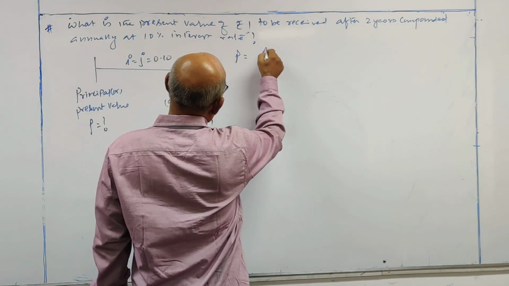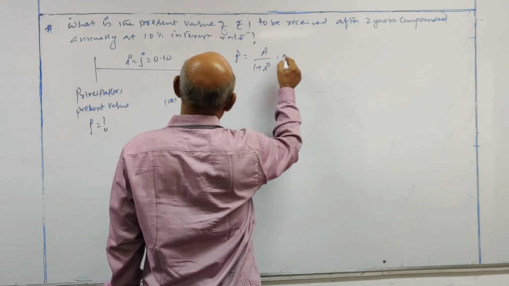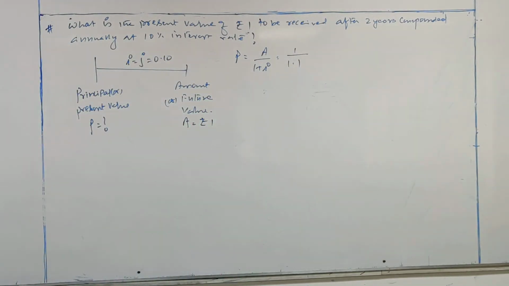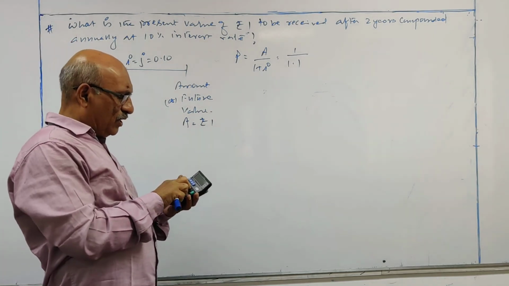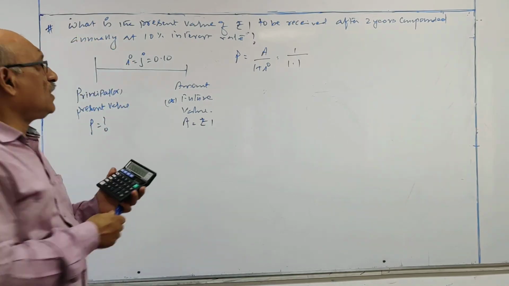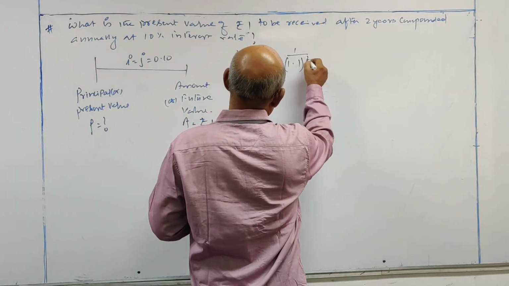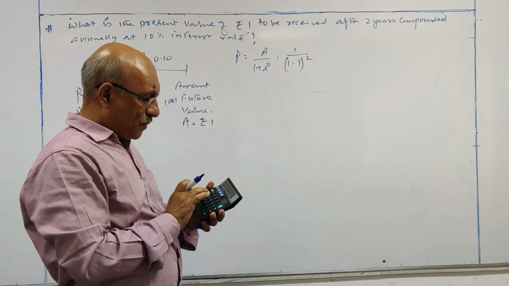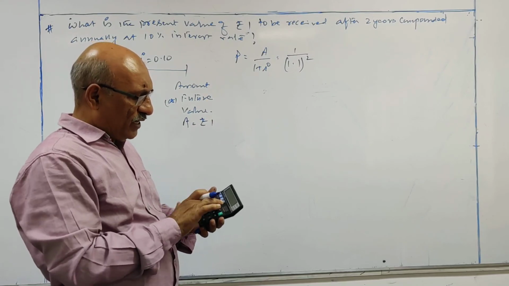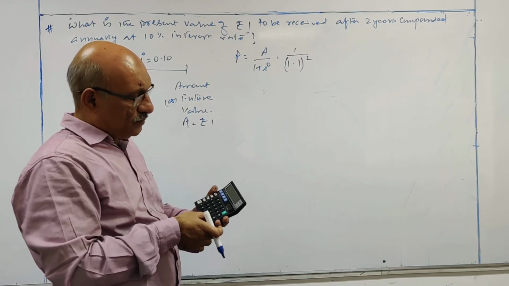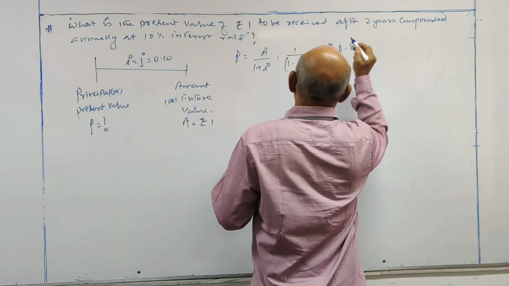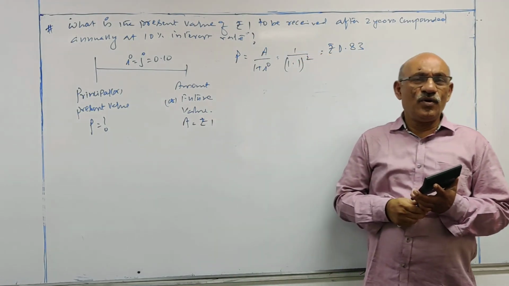So, present value is equal to amount divided by 1 plus I whole to the power of 2. 1 rupee divided by 1.1 whole square, this is after 2 years. 1.1 into 1.1 is equal to 1.21. 1 divided by 1.21 is equal to rupees 0.83.